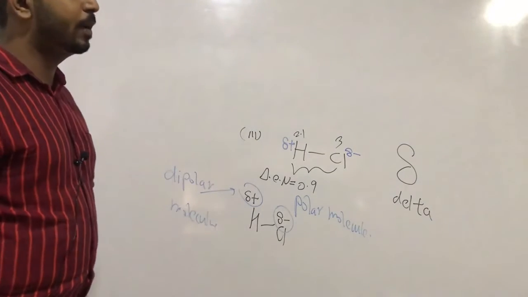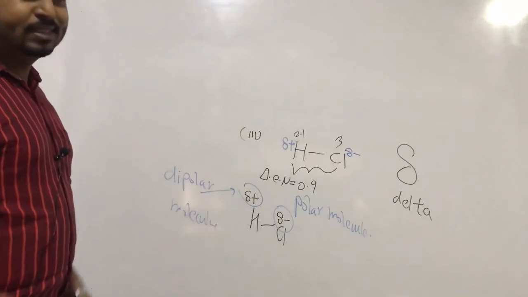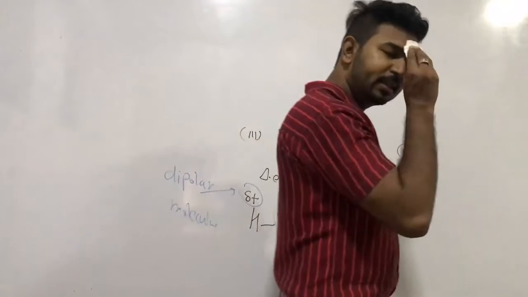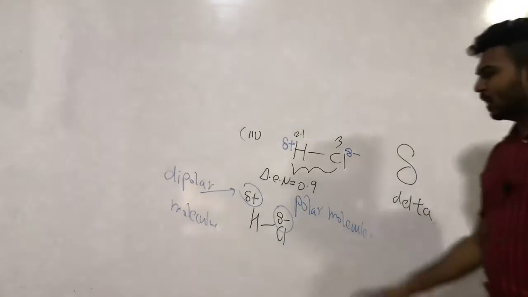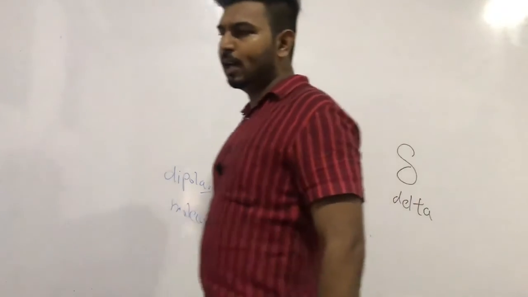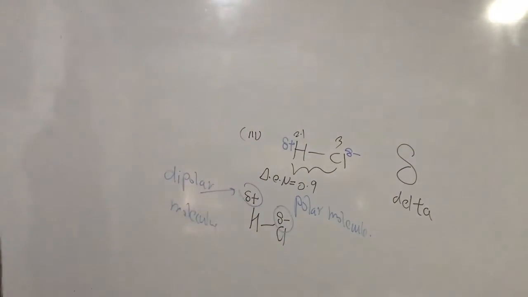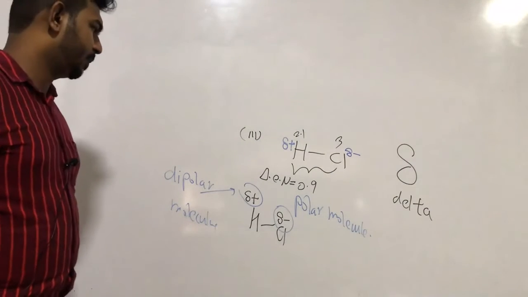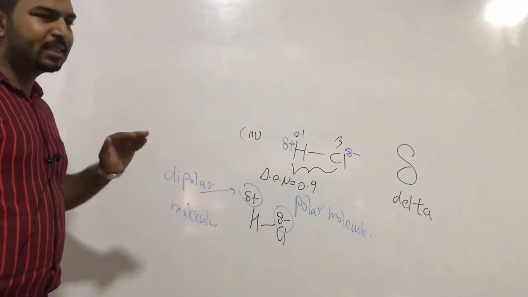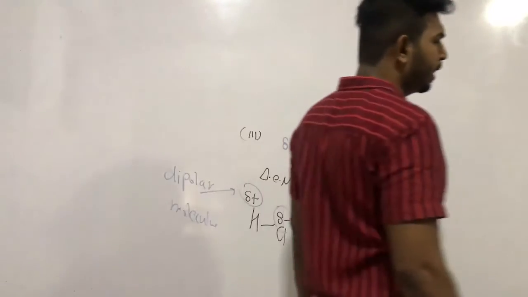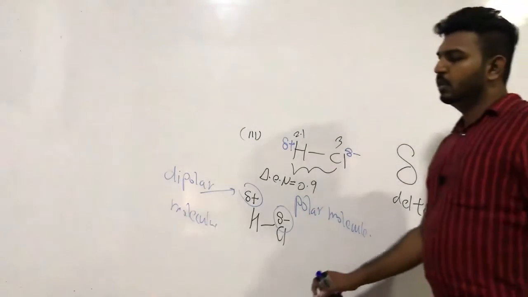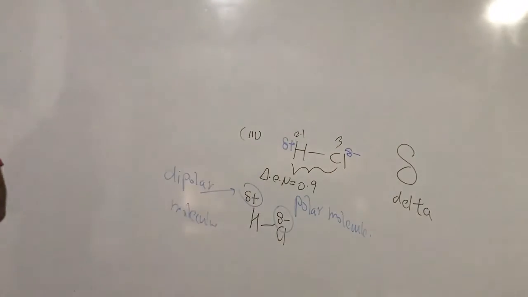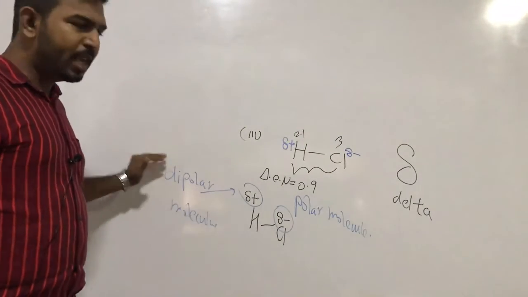Put it right below: since there are two polarized charges on the molecule, these types of molecules are called dipolar molecules.